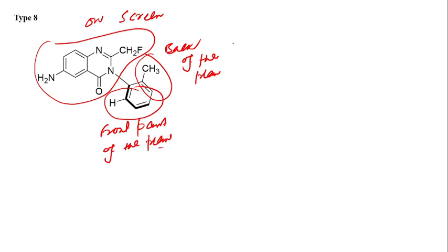Just as we know, this is chiral. Due to its axial chirality, this is chiral because of this axis, because one chiral axis is here around this one. So this is the chiral axis.